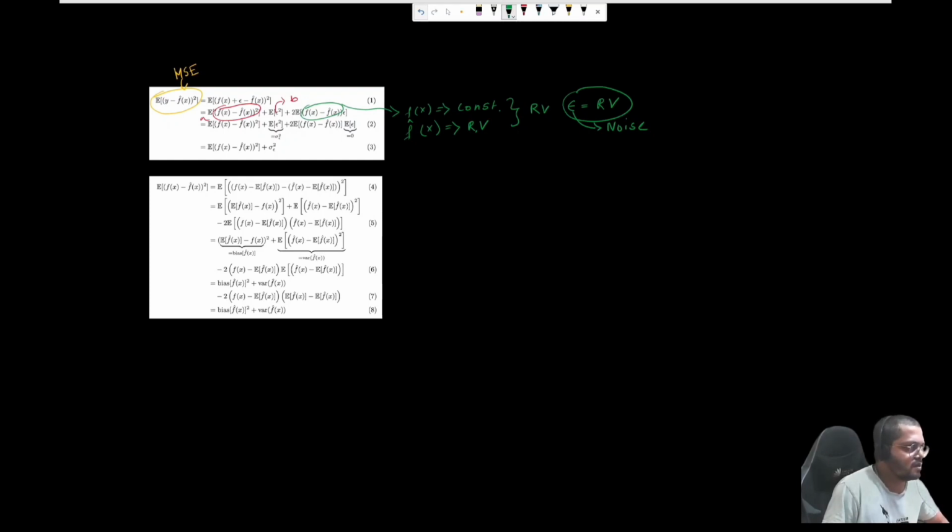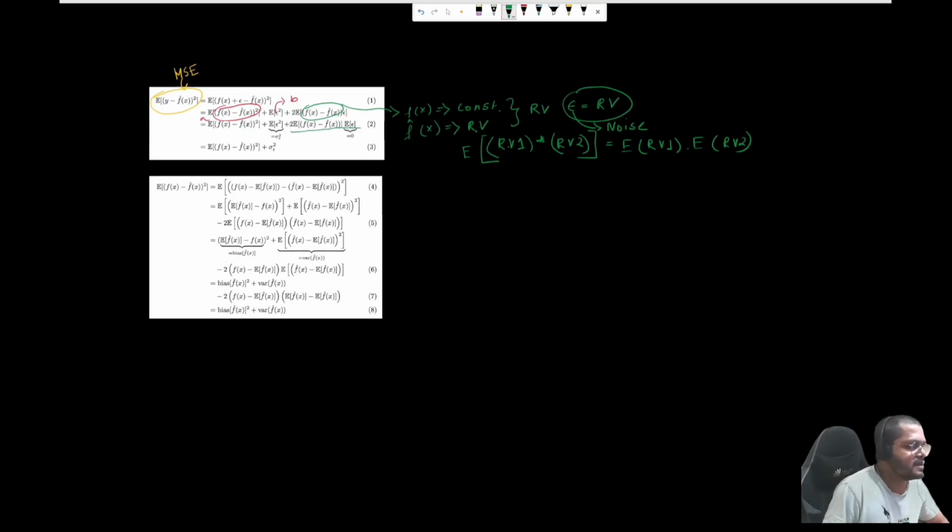So in expectation properties, if two random variables rv1 multiplied by rv2 are independent, I can write E of rv1 multiplied by E of rv2. This is what I have done here.